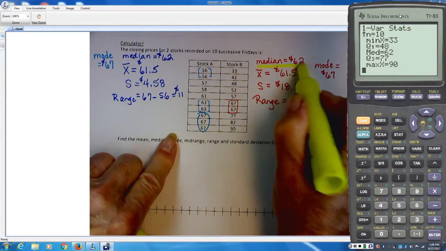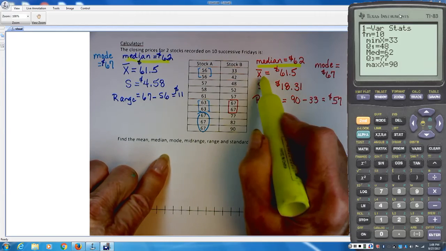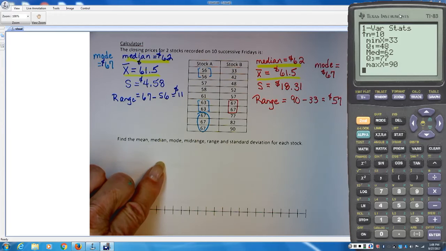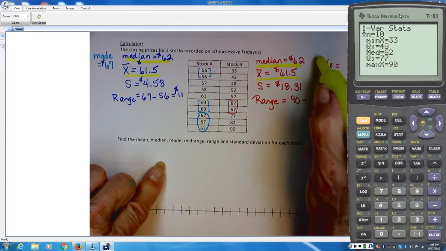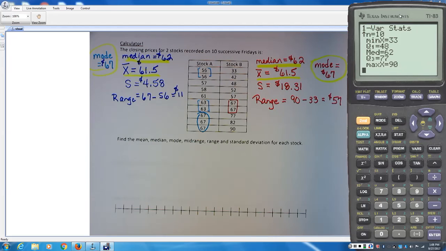The median of both stocks, 62 bucks. The mean of both stocks, $61.50. The mode for both stocks, $67. Which one should you buy? Does it matter?